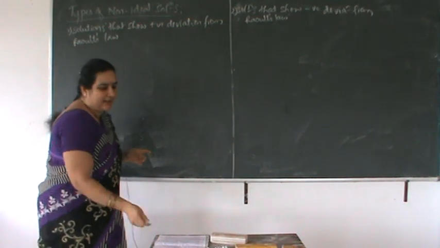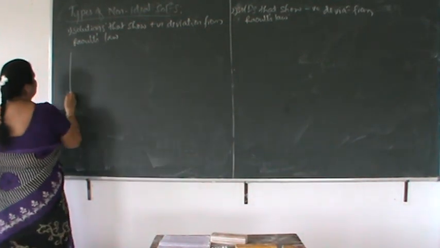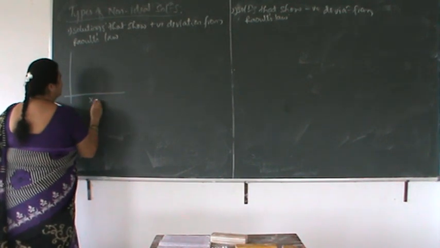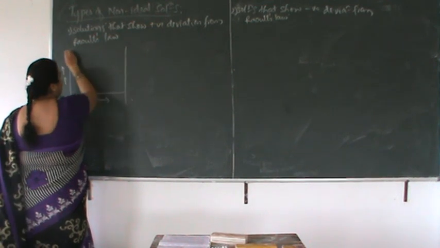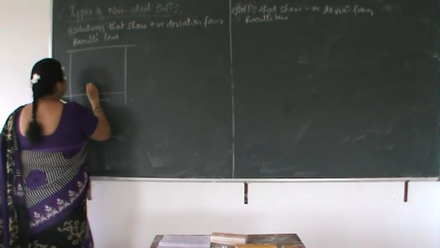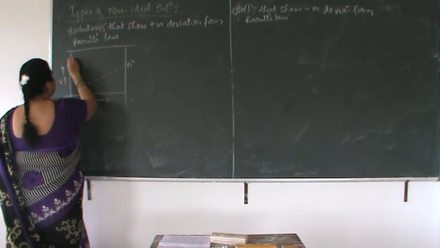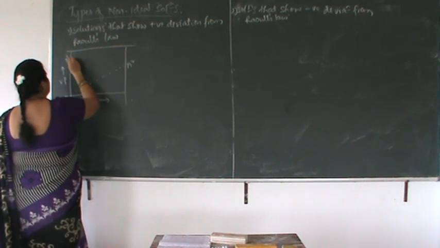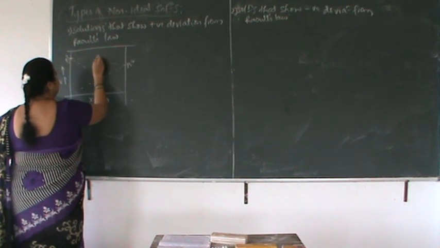In this I will draw a diagram. Let me give an example diagram for you. Here I will take the diagram of mole fraction versus vapor pressure, and I will draw the diagram for both ideal solutions and non-ideal solutions. P1 naught and P2 naught, and this is the P total.